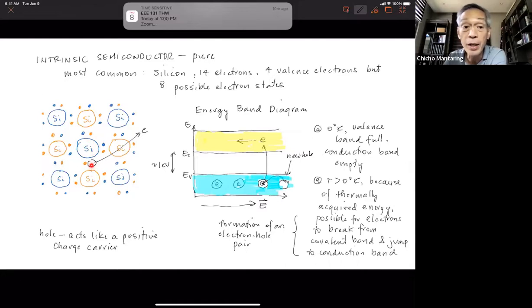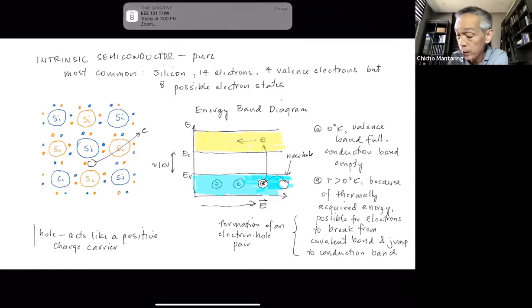And as your hole moves around, so for example, if there's an electric field, maybe this electron will next jump to this hole. And then this is the new position of your hole. And then maybe this electron will jump to this hole, and this will be the new position of your hole. No? So as your hole moves around, the positive charge is moving. Because when this is your new hole, it is now this silicon atom which looks positively charged because there are not enough electrons around it to neutralize the number of positive charges in the nucleus.